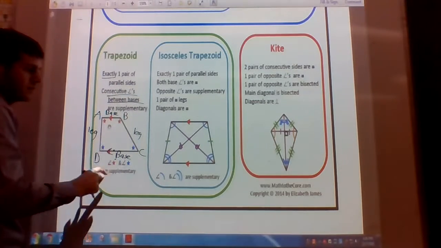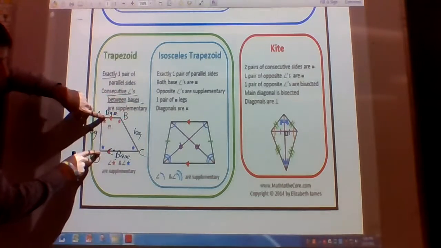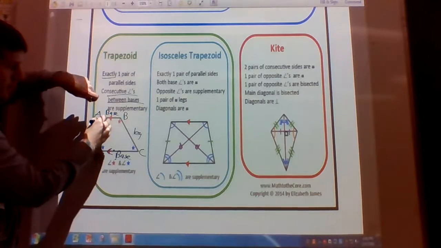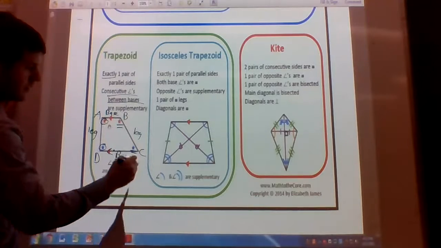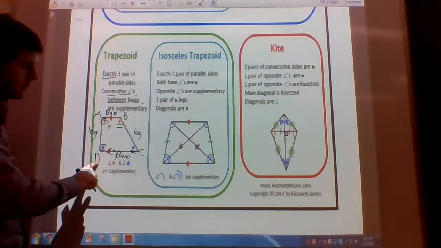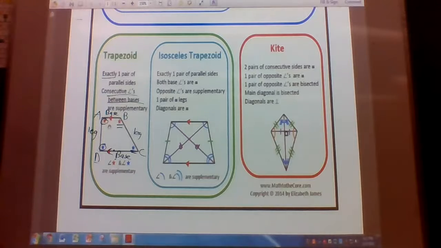Here, AB and DC are the bases. So what angles are consecutive in between the two bases? It's going to be right here and here, and then this one and that one. Angle A and angle D are supplementary because they are consecutive, right next to each other, and between the bases.